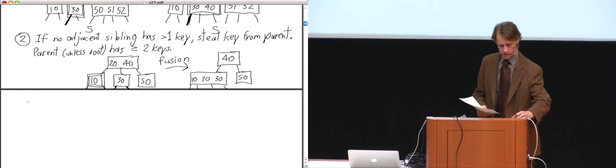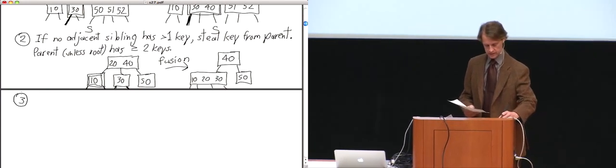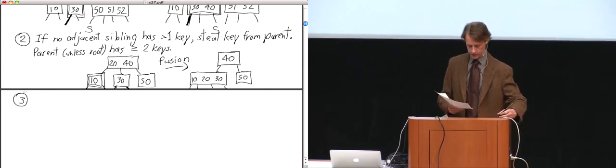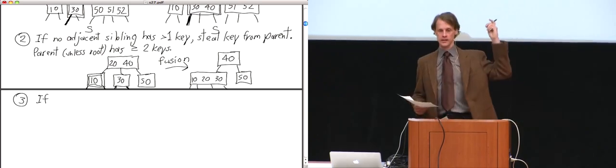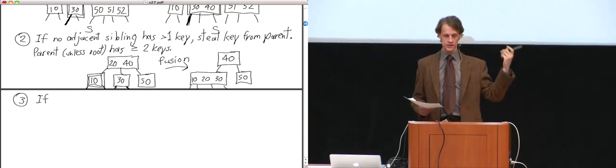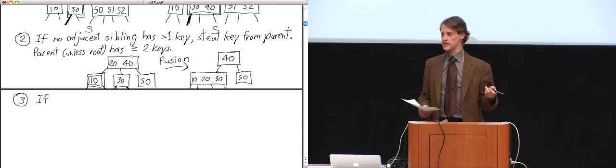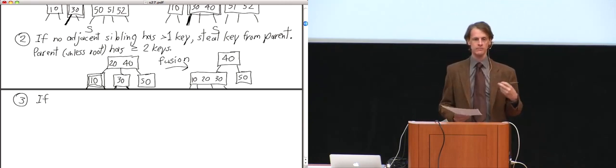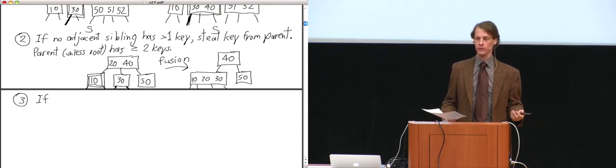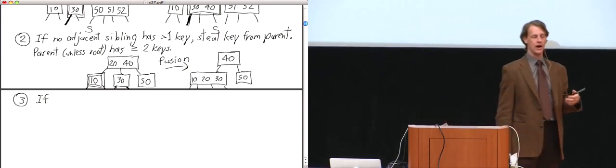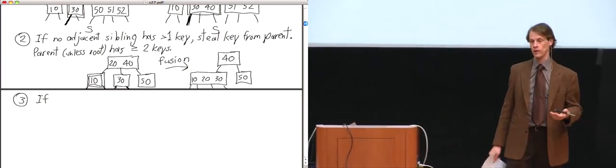All right, there's one more special case, which is really a special case of the fusion operation. It's like the fusion, except the parent is the root and only has 1 key. The root is the one node where we cannot make sure that it has more than 1 key.